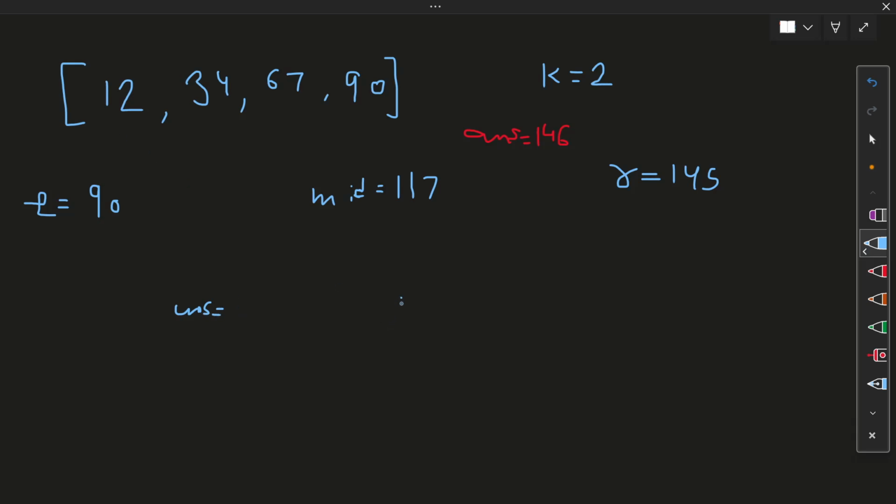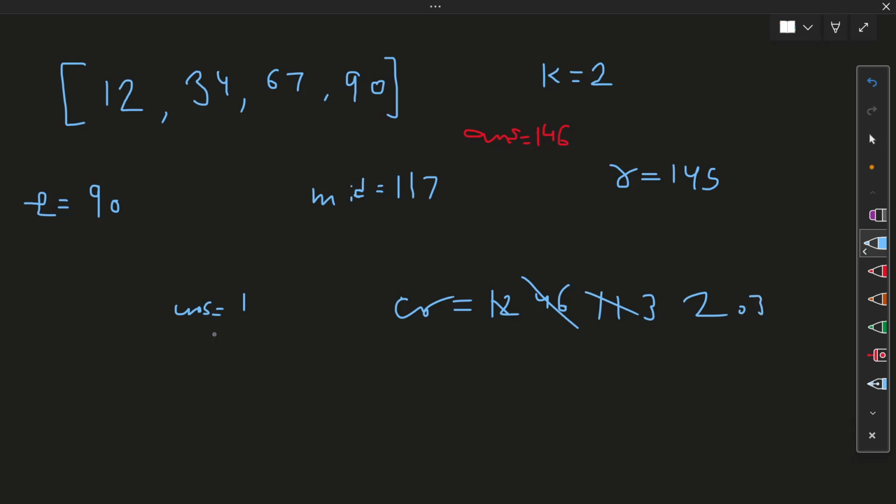We got 12. This is our first person. He is reading a book. First he got 12, then 12 plus 34, we got 46. Yes, he can read this book. Then we got 67, so it is 113. He can read this book. Okay, totally fine. And then we got 90, so we got 203.